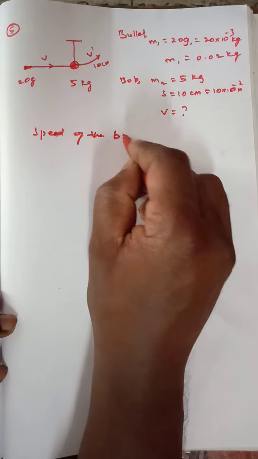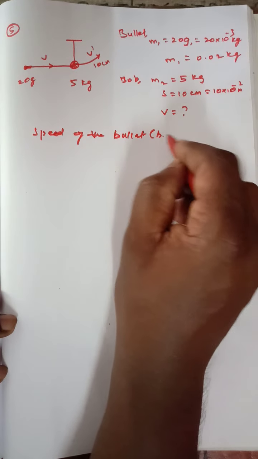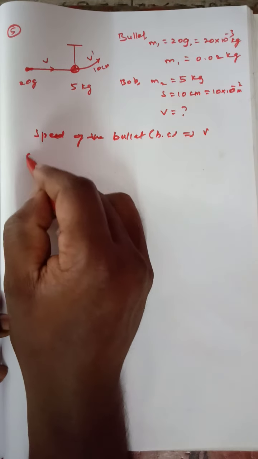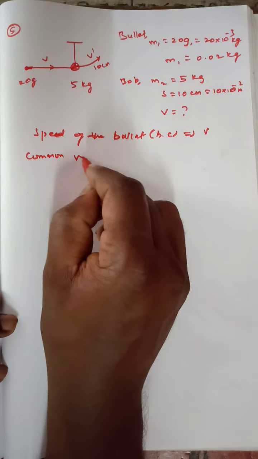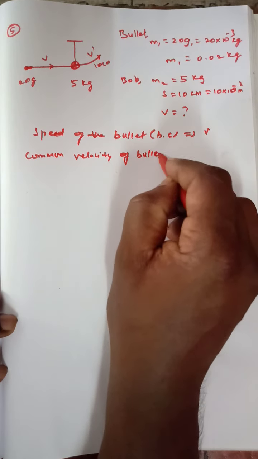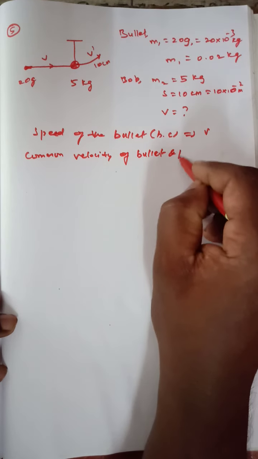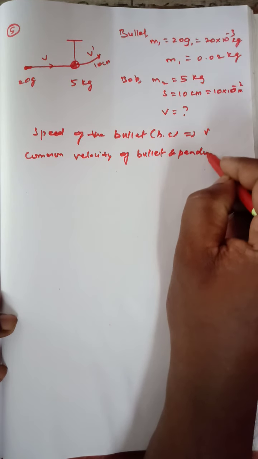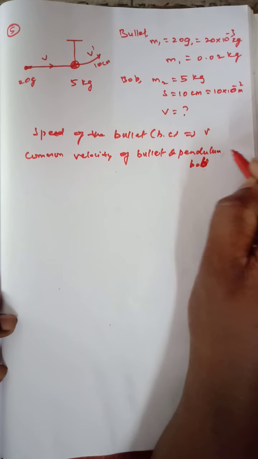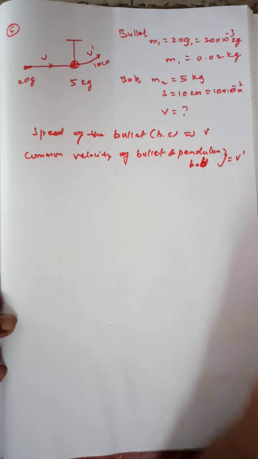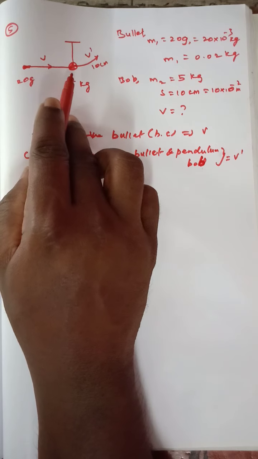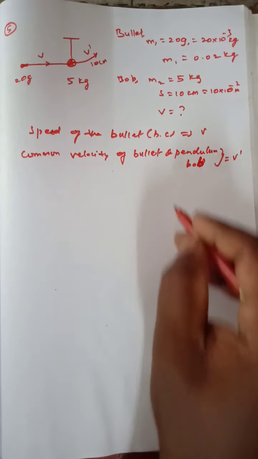The common velocity of the bullet and pendulum bob is v dash, because the bullet is embedded with the pendulum after hitting it, so both move with velocity v dash. This is after collision.